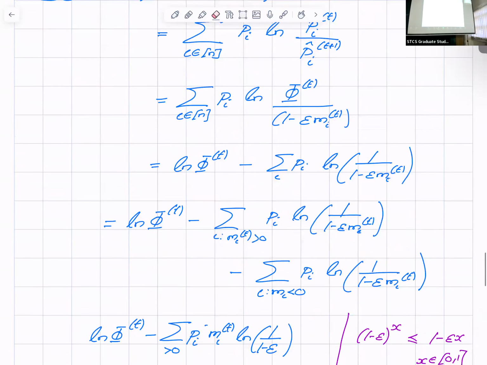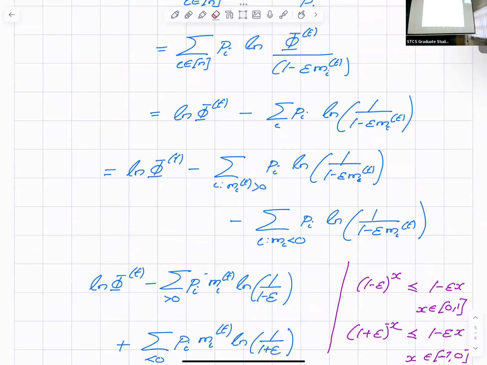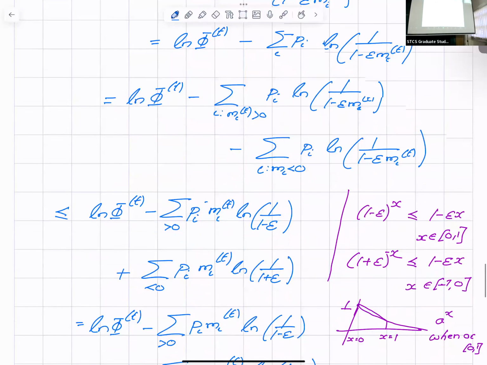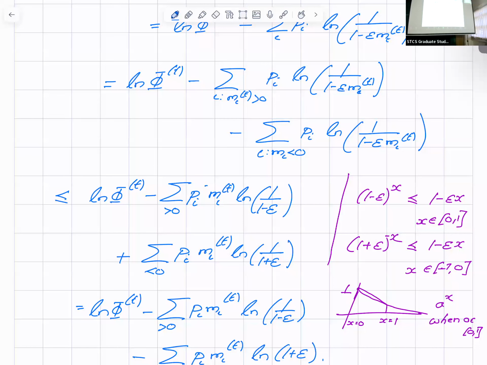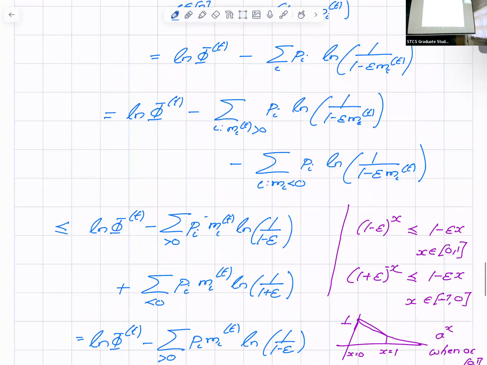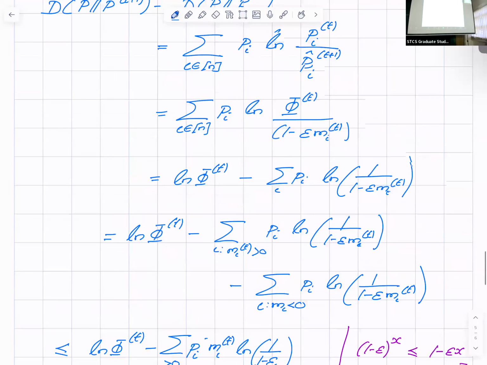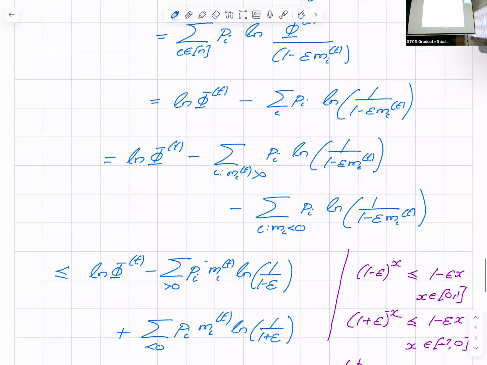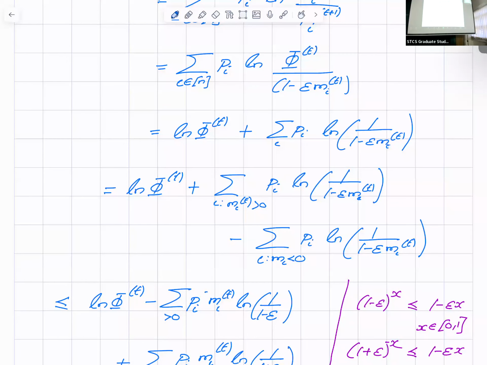I need the inequality to go this direction. And is it going in that direction? Plus. Therefore, the inequalities are all fine.